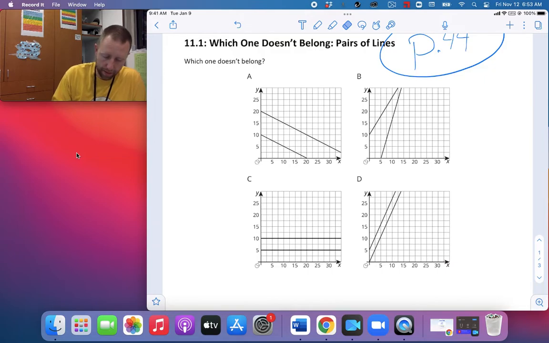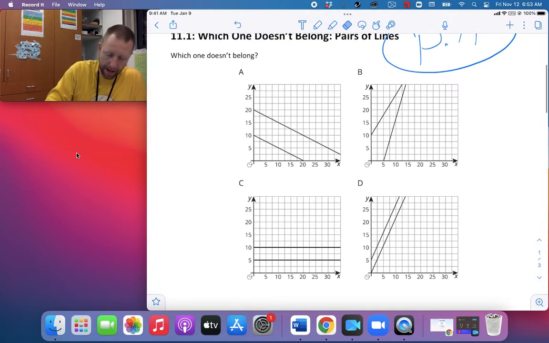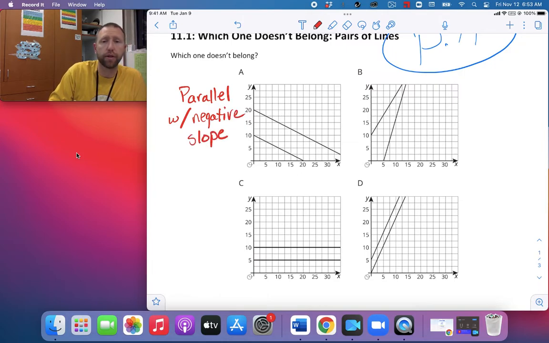So I'm going to put that down there for A: parallel with negative slope, okay? Because it's the only one that does that, so that's a reason why A might not belong.